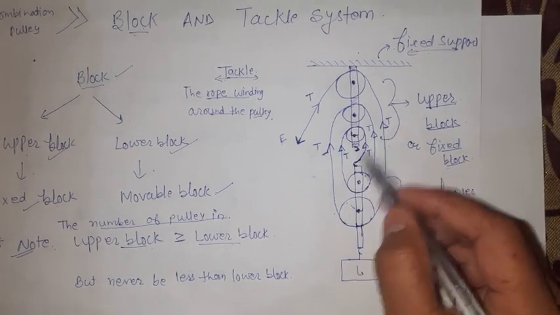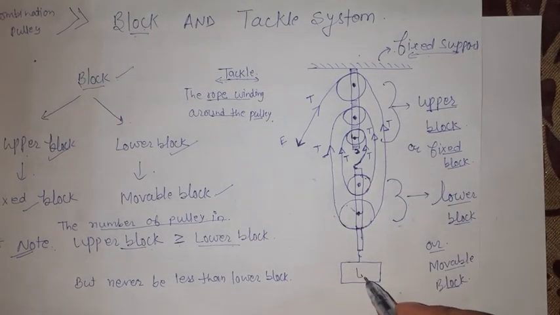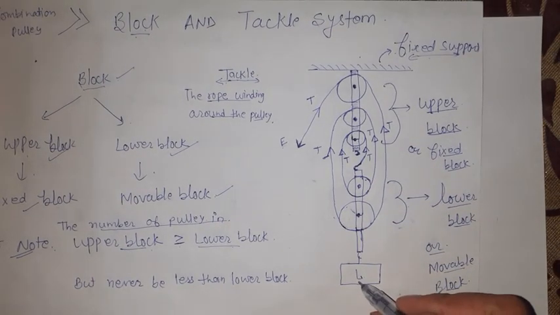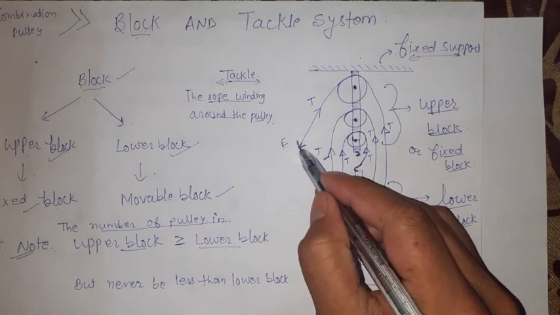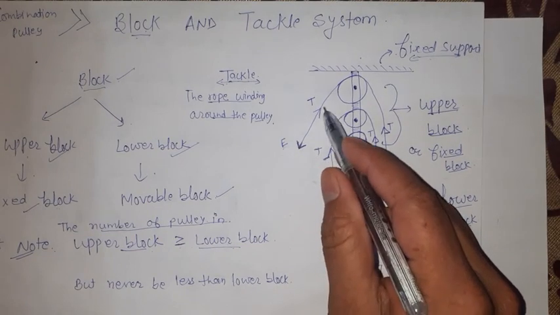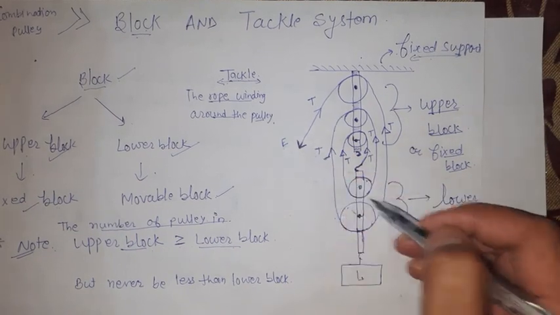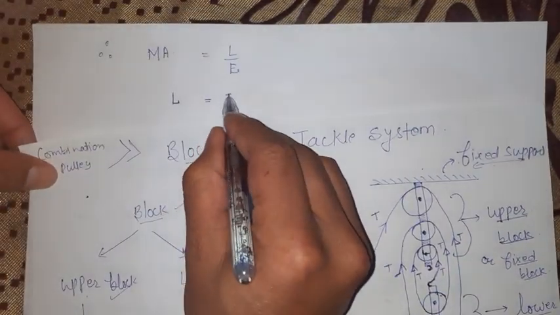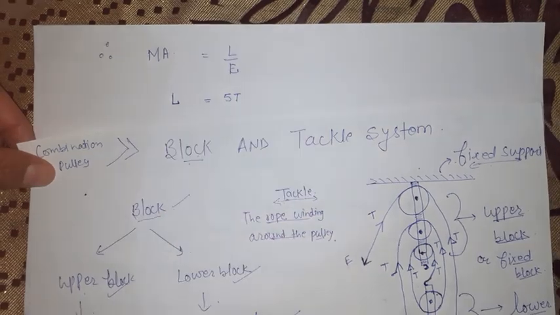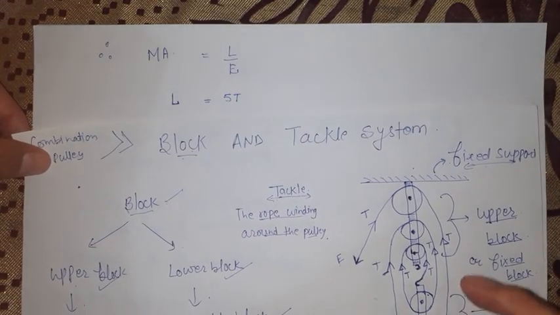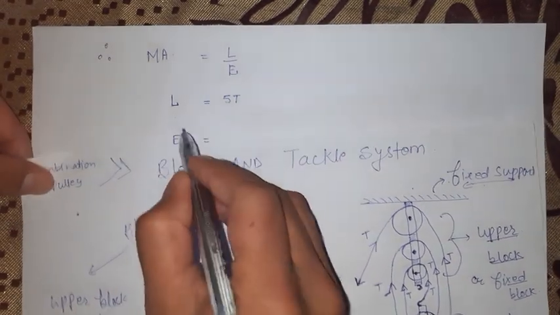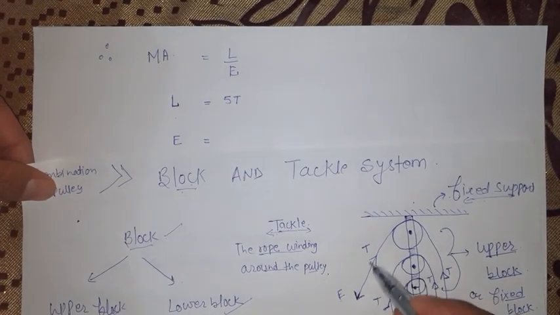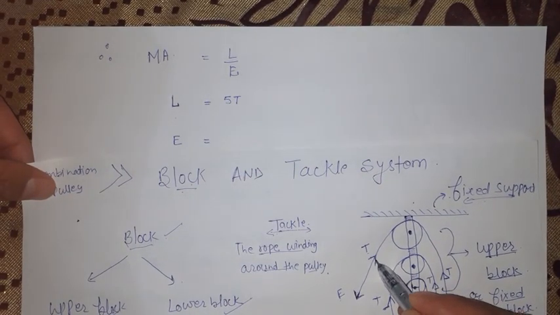Okay, so there are five tensions which are going to balance the load, and this tension is going to balance the effort. So you need not include this one over here. Okay, so thus this load is balanced by the five tensions which are developed in that string. Now this effort which you have applied, you have applied only equal to this tension.